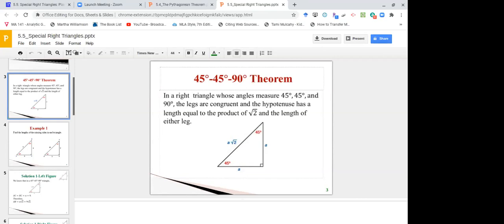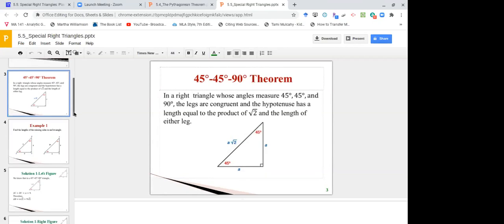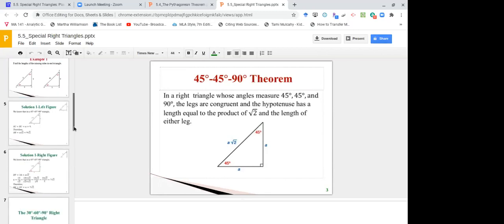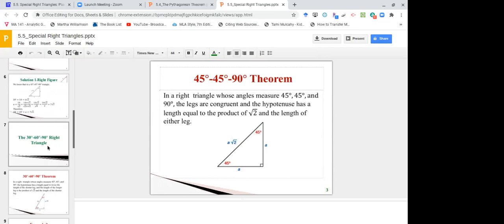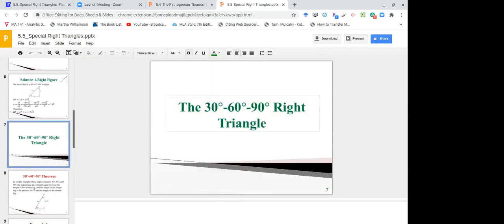And if you do a little algebra, you'll find out that the length of the hypotenuse is equal to whatever the length of the leg is times the square root of 2. It just turns out that way, but you can also prove that using the Pythagorean theorem and algebra, which she does for you further in the slides.